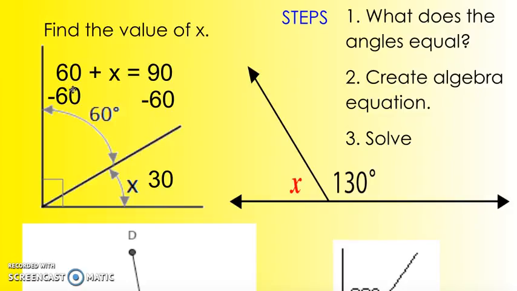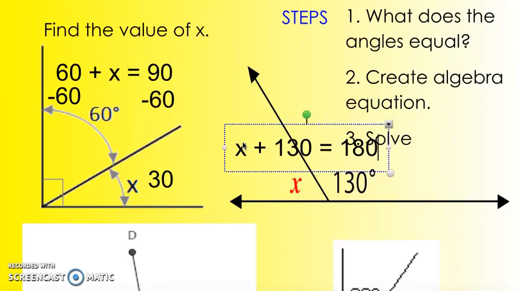Now, if you look at the next one, it creates a straight line, and that straight angle is equal to 180 degrees. So if I'm trying to find a missing angle, an angle plus 130 is equal to 180.